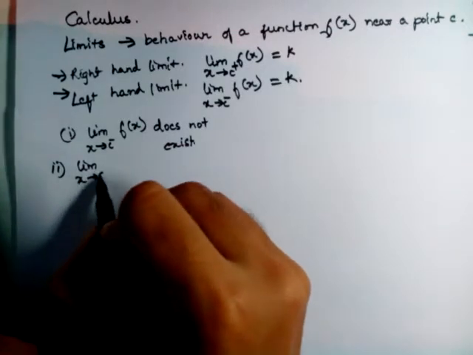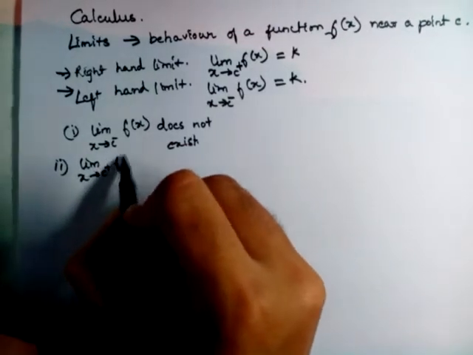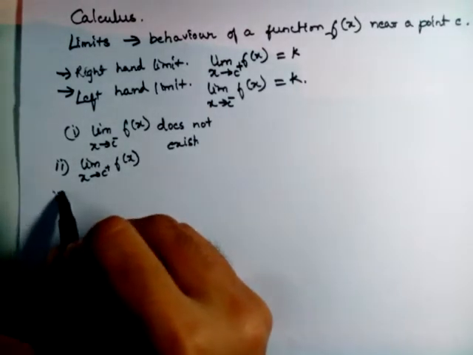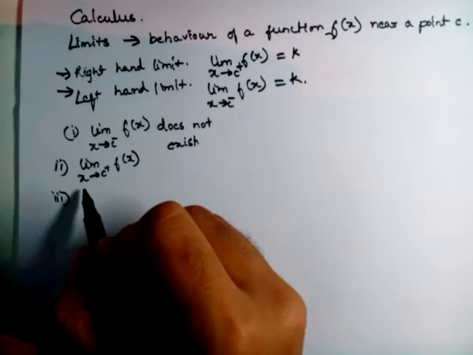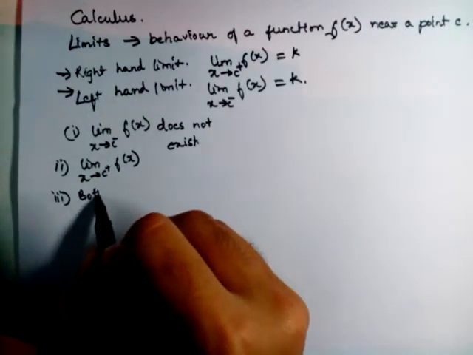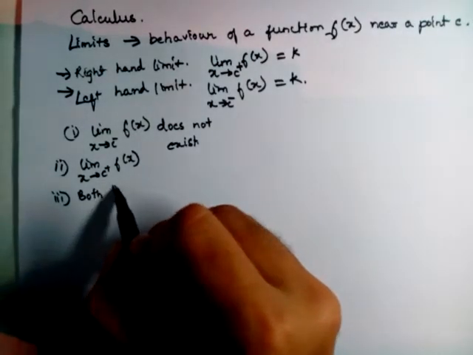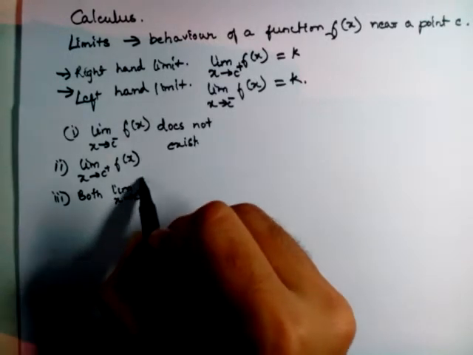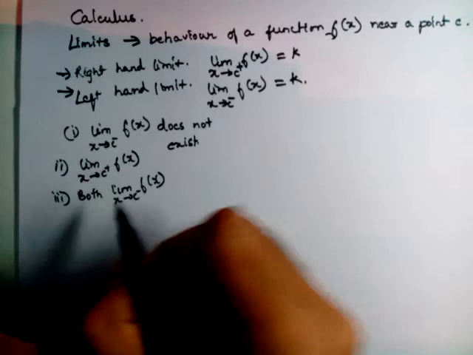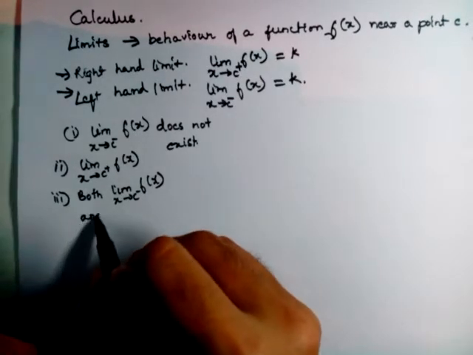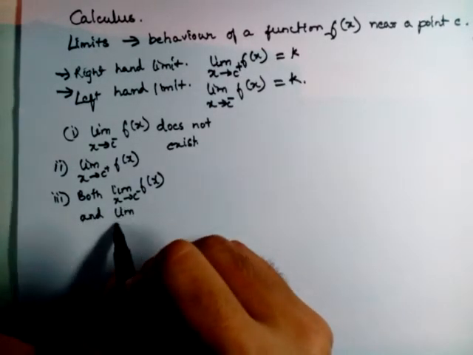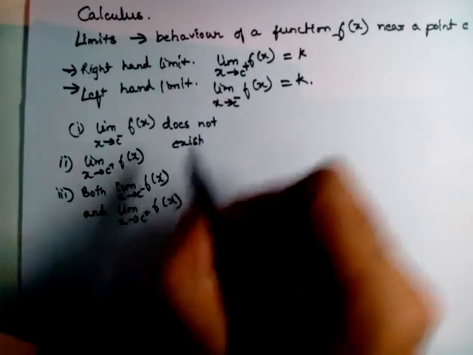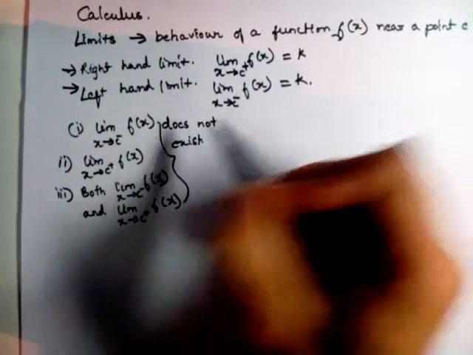Situation 2: limit x tends to c plus f of x does not exist. The third situation would be both limit x tends to minus c, f of x, and limit x tends to plus c, f of x do not exist.